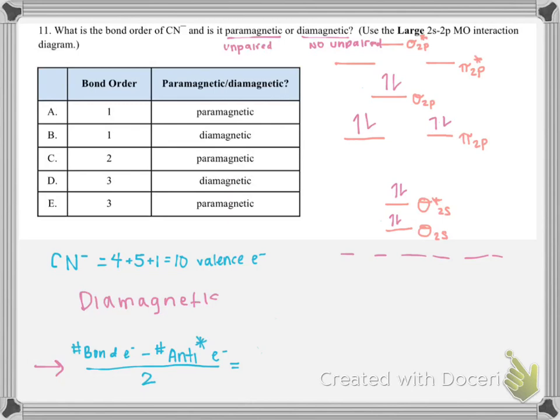The only anti-bonding electrons that we filled in are here in the sigma star 2s orbital, and the other 8 are in bonding orbitals. So we'd have 8 bonding electrons minus 2 anti-bonding, divided by 2. We have 6 divided by 2, so our bond order would just be 3. So answer choice D would be correct here.